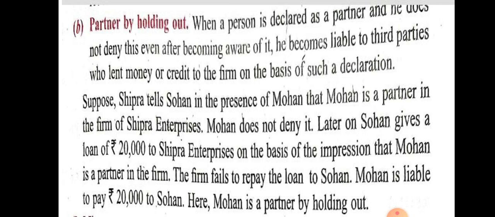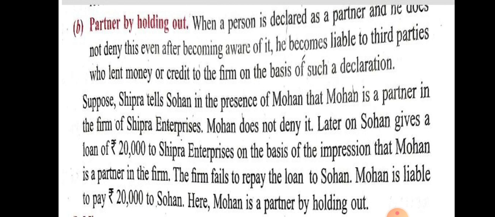Suppose Shipra tells Sohan in the presence of Mohan that Mohan is partner in the firm of Shipra Enterprise. Now, in partner by estoppel, Mohan himself was telling that I am the partner of Shipra Enterprise. But here Shipra is telling Sohan that Mohan is partner, and Mohan stays quiet, does not deny.